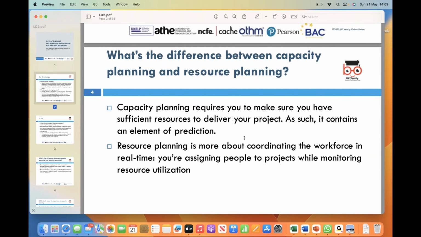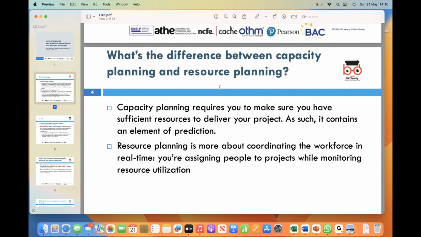Capacity planning involves evaluating and forecasting the resources needed to successfully execute a project or meet operational demands. It focuses on determining whether the available resources such as manpower, equipment, and infrastructure are sufficient to handle the workload.